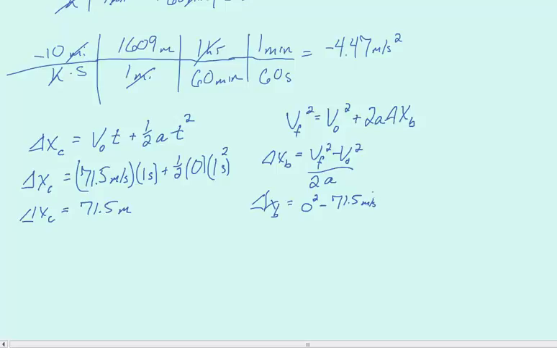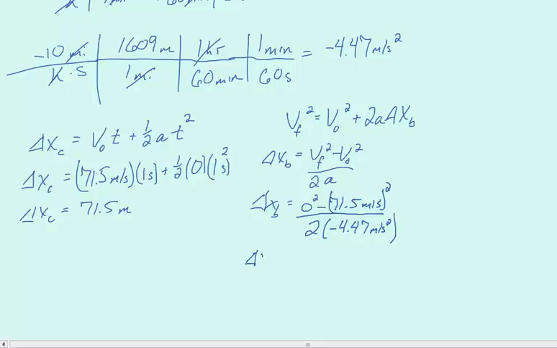So 0 squared minus 71.5 meters per second raised to the second power, divided by 2 times our deceleration of negative 4.47 meters per second squared.